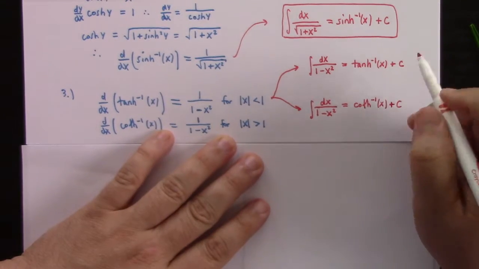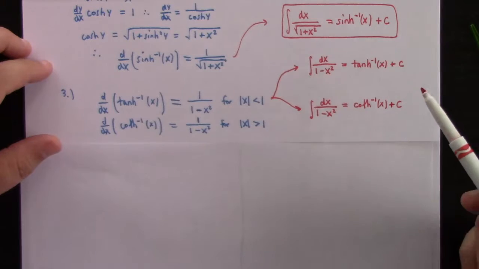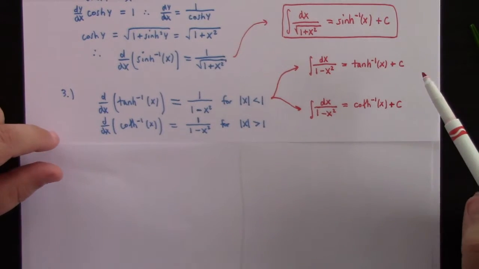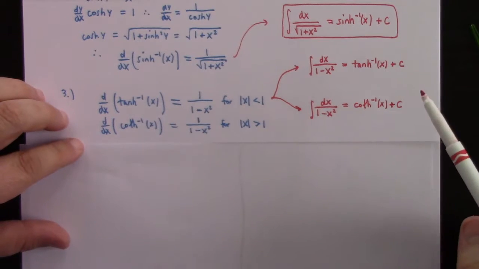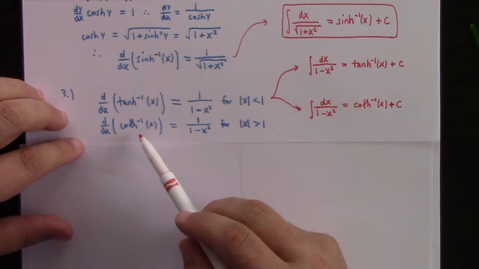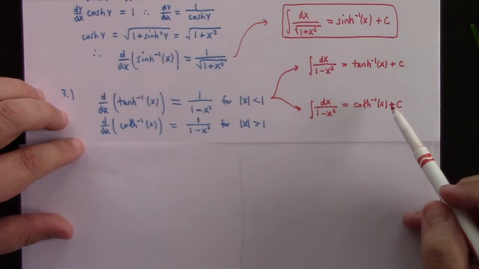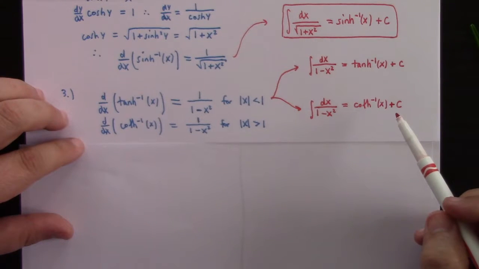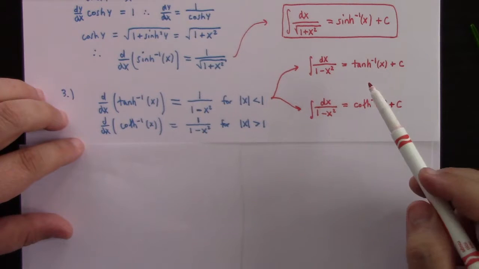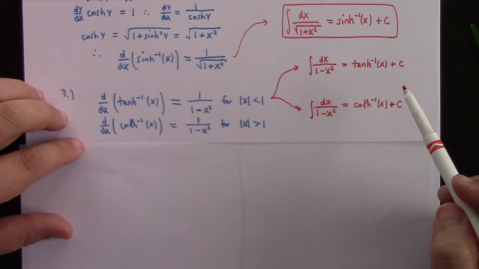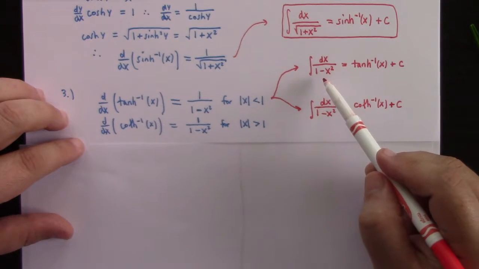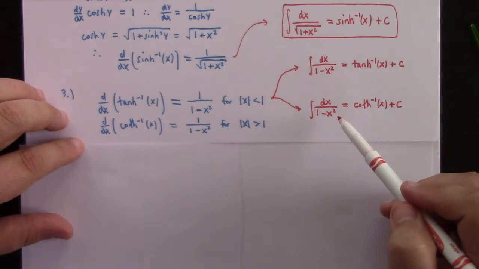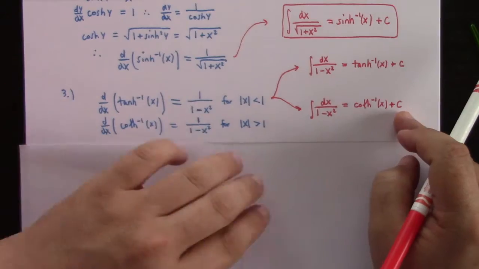Basically the story is the range of hyperbolic tangent turns out to be -1 to 1, whereas the range of the hyperbolic cotangent is everything else. So between the both of them, we cover almost all the reals, except for, of course, the place where the denominator is 0, where the integrand is singular, namely at plus or minus 1.